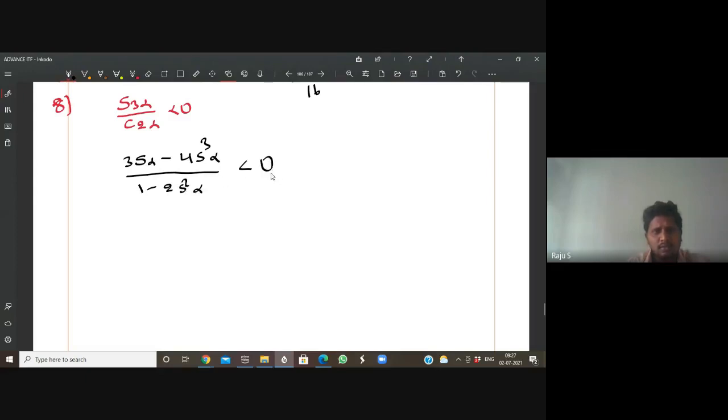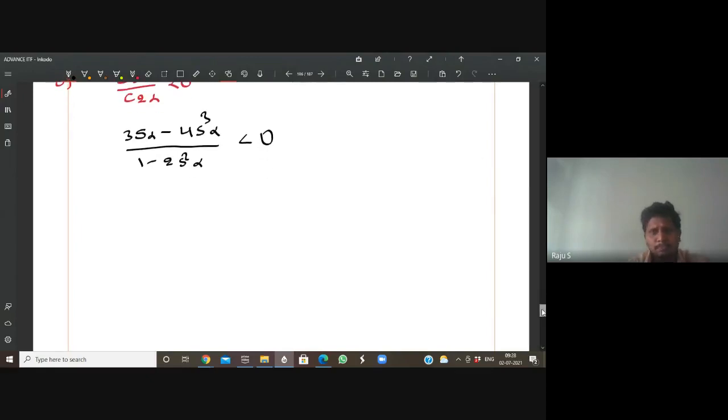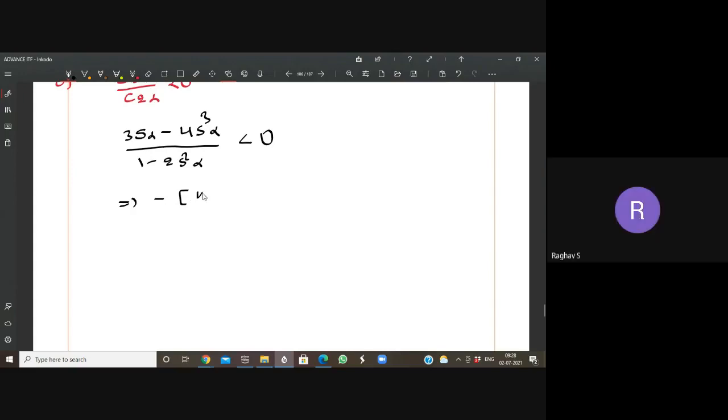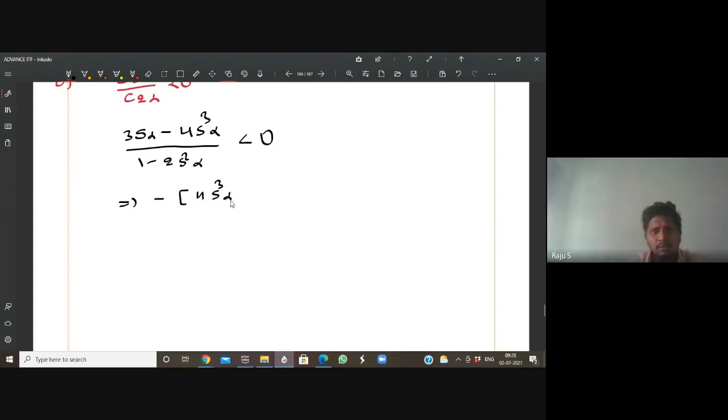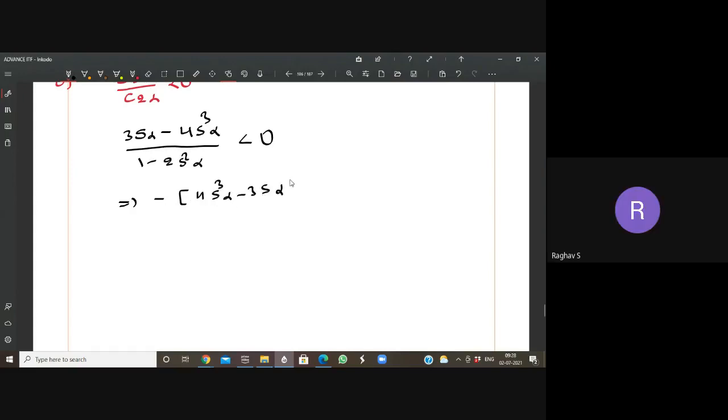I want to do one thing. I want to take minus common in the numerator and denominator. So 4 sine cube alpha minus 3 sine alpha by 2 sine square alpha minus 1.